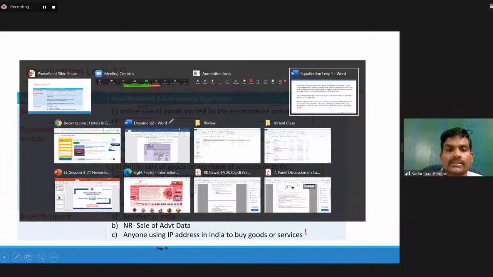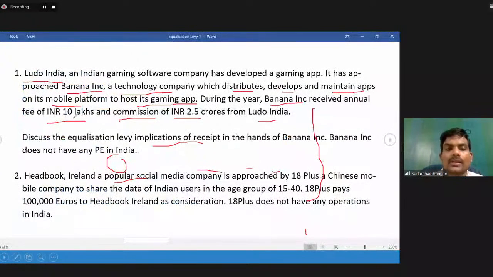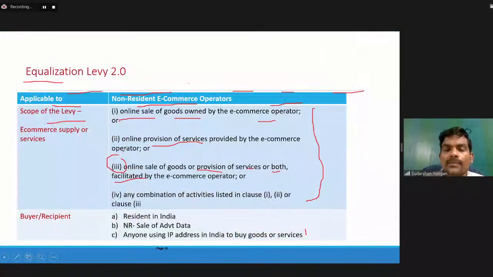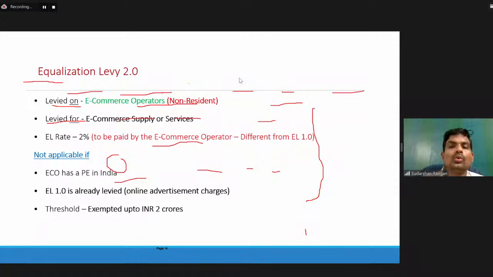Now the question is, it has paid 2.5 crores plus 10 lakhs, so 2.6 crores it has paid. Is there a threshold here? You remember there was a threshold in equalization levy 1.0, which was a very paltry sum of 1 lakh. Here, the threshold is 2 crores.